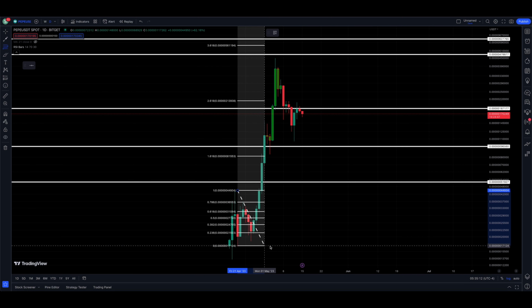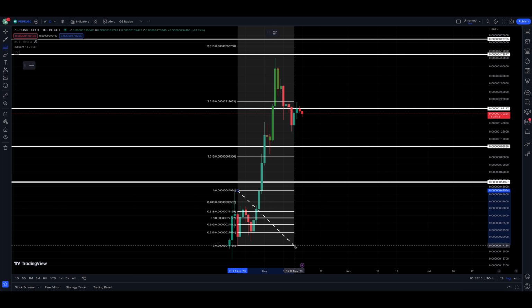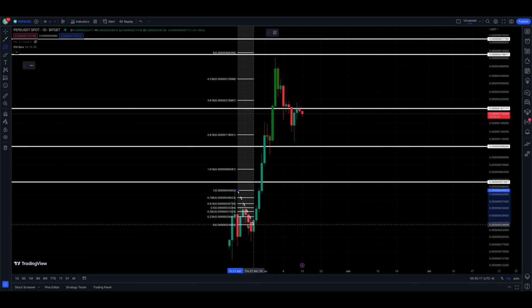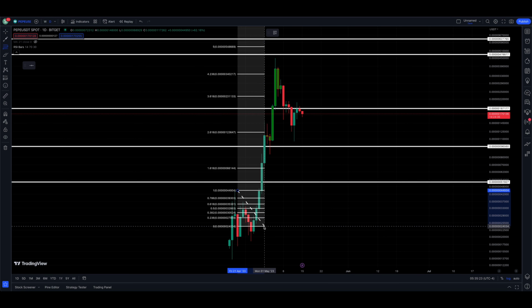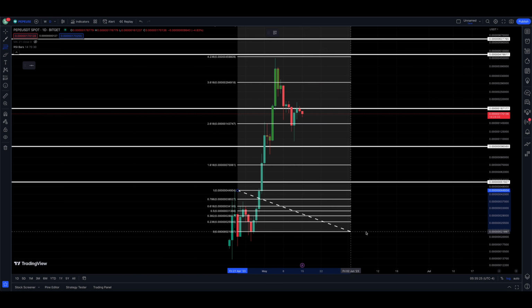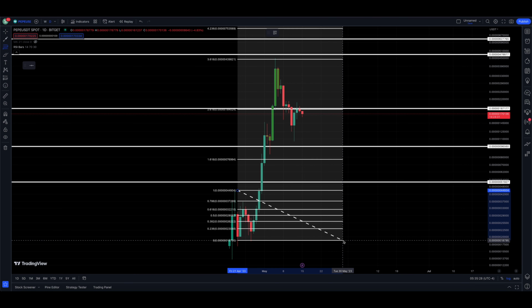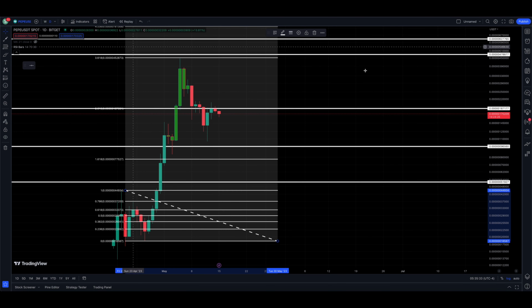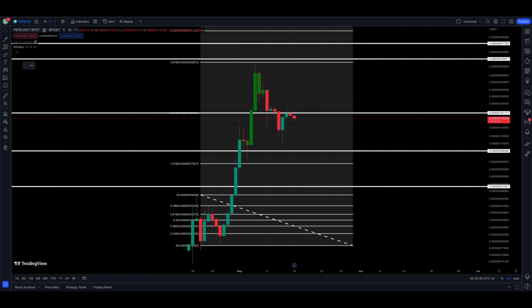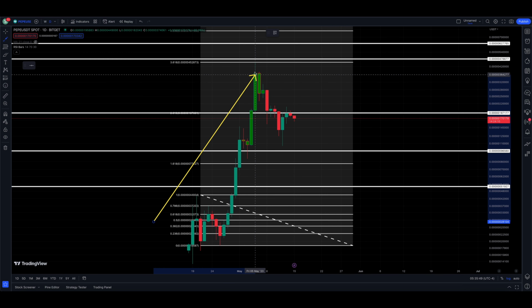316 would have been, yeah, so we'll take the high from the 20th of April, and we'll take the low from the 26th of April, just give or take right there. So from here, we can see that based on this pattern here, the market topped out at the 3618 perfectly.